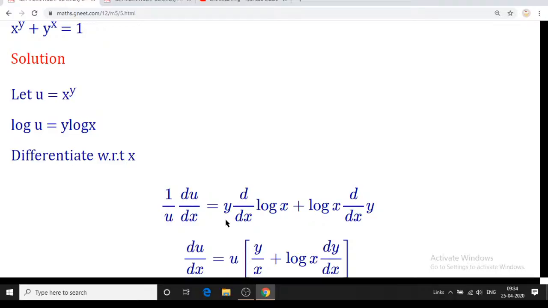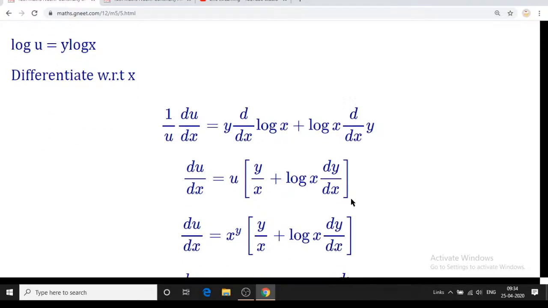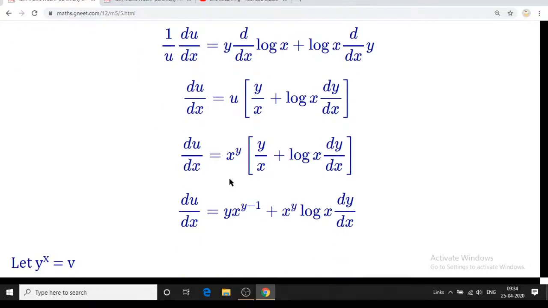So product rule: first times derivative of second plus second times derivative of the first. So we get du by dx as u into y times 1 upon x, that is y by x, plus log x dy by dx. We have replaced the value of u as x raised to y by x plus log x dy by dx.